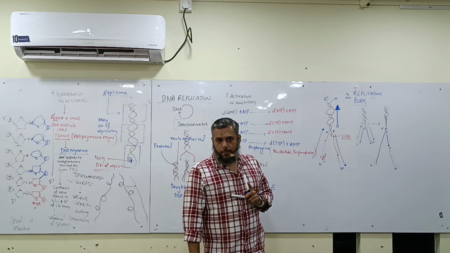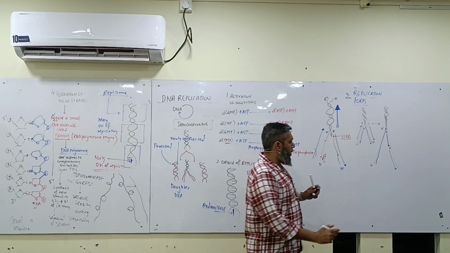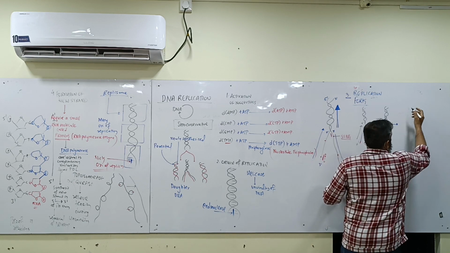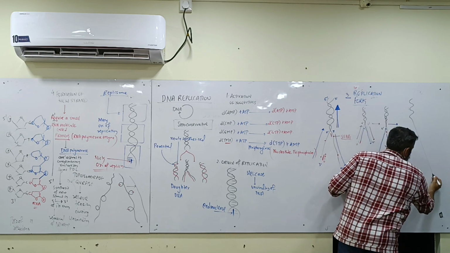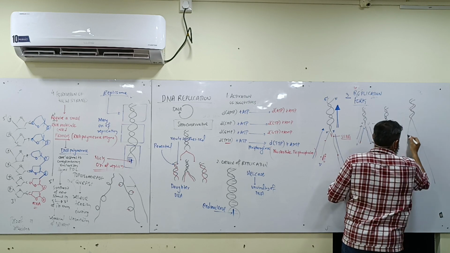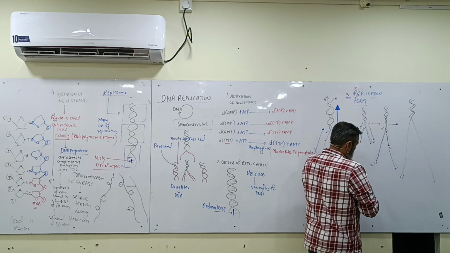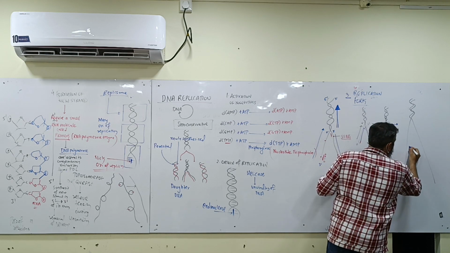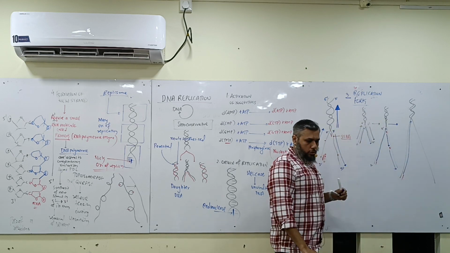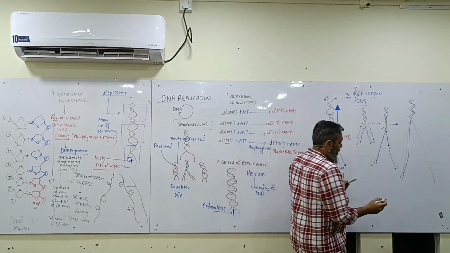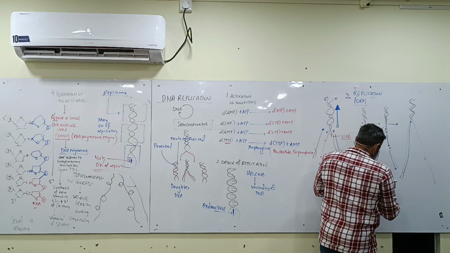Got it? If I draw one more time, just to put the idea into your head, और ओपन हो जाएगा बच्चों. ये कौन है बच्चों? प्राइमर. इसे कैसा सिंथेसिस किया? Towards the opening of the fork. So how was the synthesis? Continuous or discontinuous? Continuous.